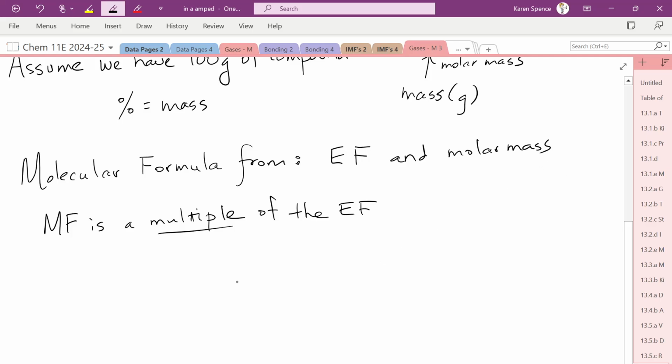Molar mass of the empirical. What would we do with that? Let's see if that works.